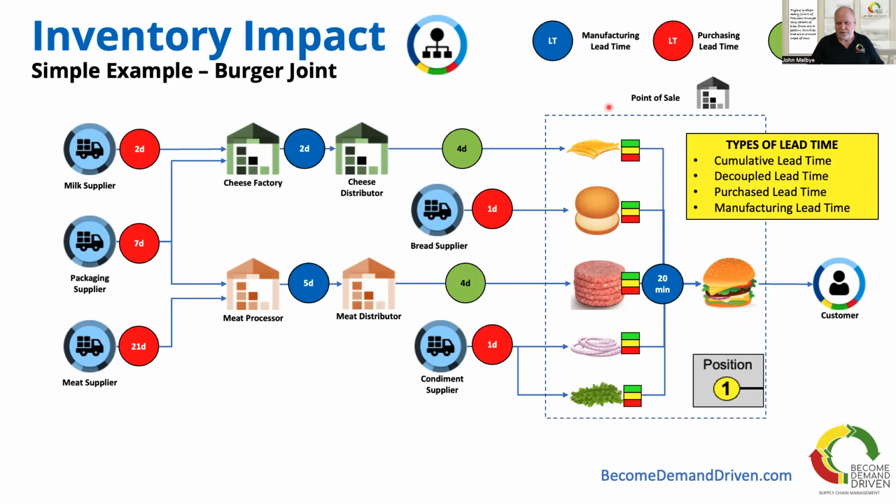Now, most of us are not running a restaurant or a burger joint. So the point for you is, where is this point in my business? It will be different for everyone, but everyone will have a point at which we can say, if we had this inventory at all times, then we could give the customer a different lead time than what we give them today.